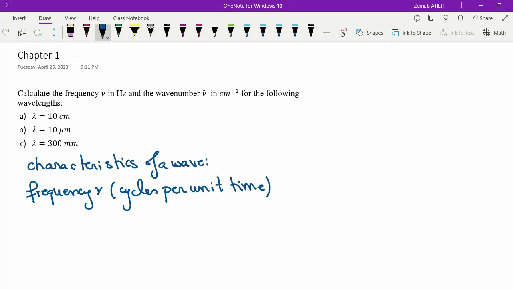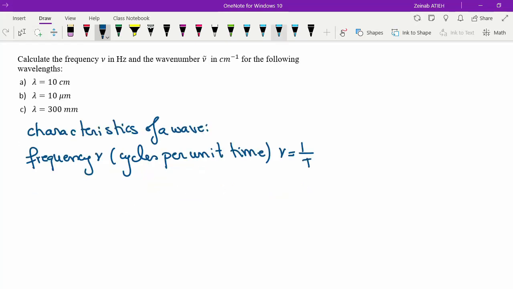So that's why nu has the formula 1 over T, because it performs one cycle in one period. Recall that T is the period. It is the time needed to perform one cycle. Because T is a time, its SI unit is seconds. If T is expressed in seconds, then nu will be expressed in hertz, which is the SI unit of frequency.